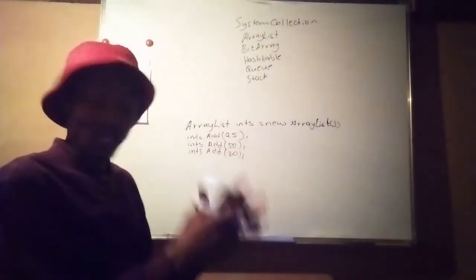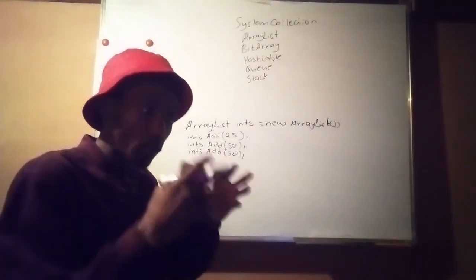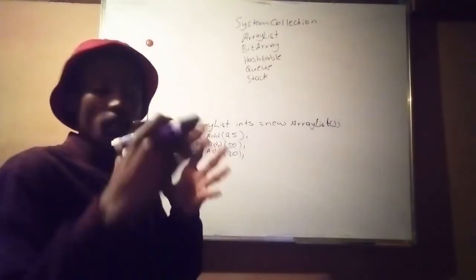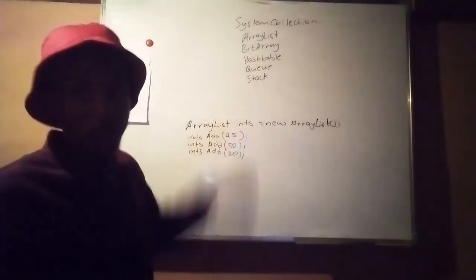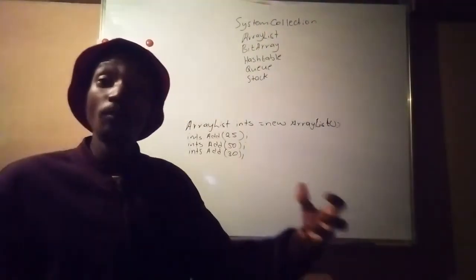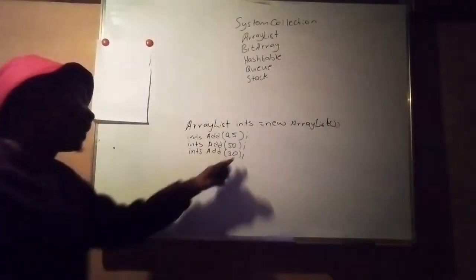They are flexible. As you add items, the boundaries of the array are expanded. That's one good thing about them. But the generic types also are designed that way. Cool.